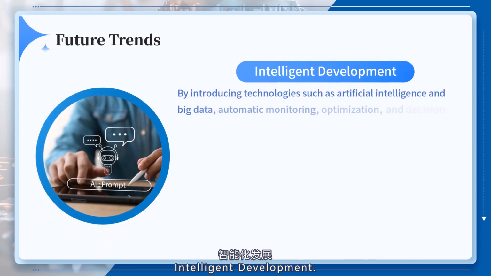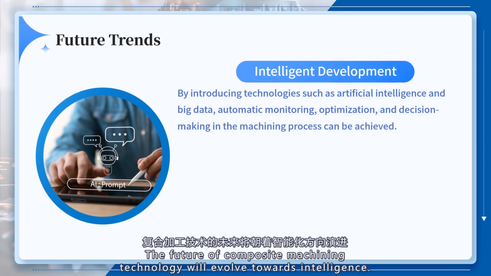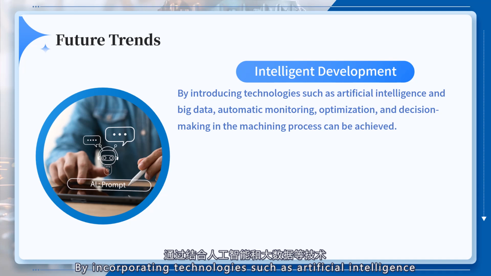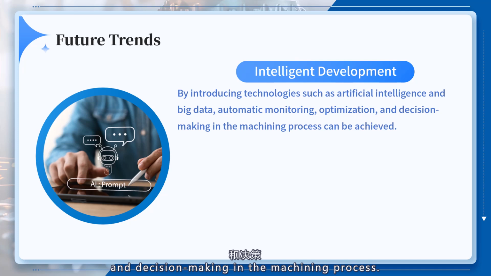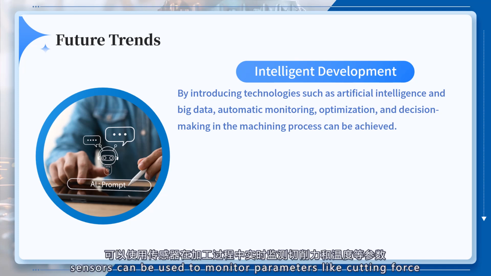Intelligent development. The future of composite machining technology will evolve towards intelligence. By incorporating technologies such as artificial intelligence and big data, it will enable automatic monitoring, optimization, and decision-making in the machining process.